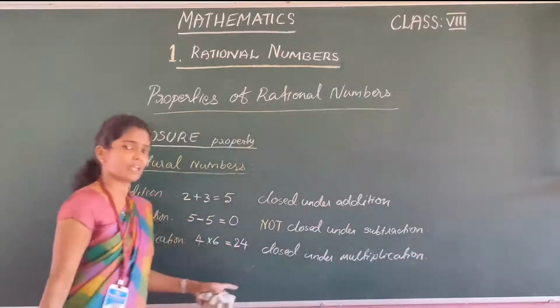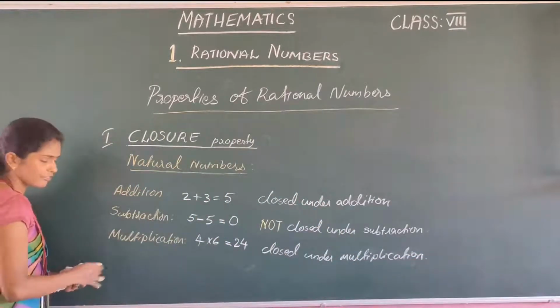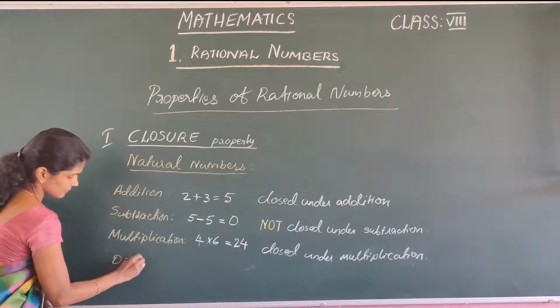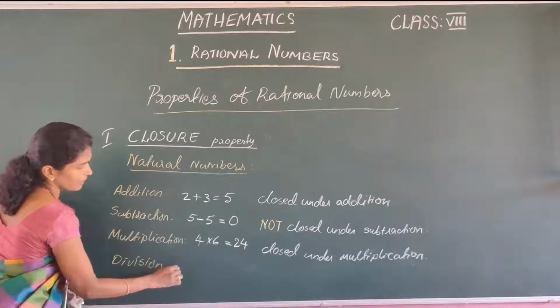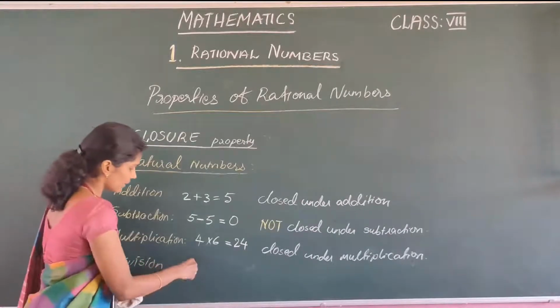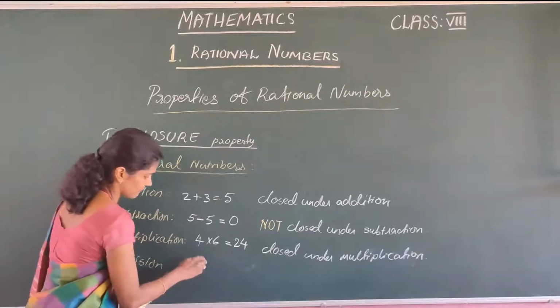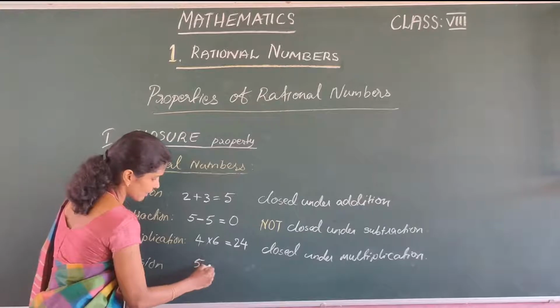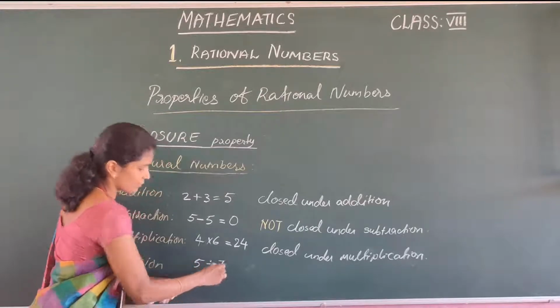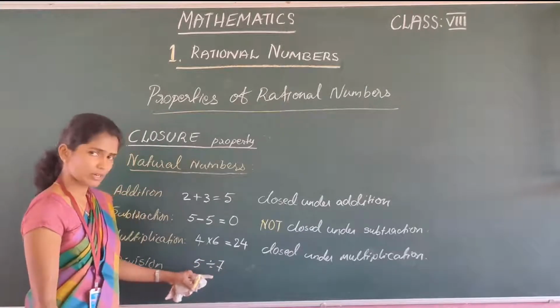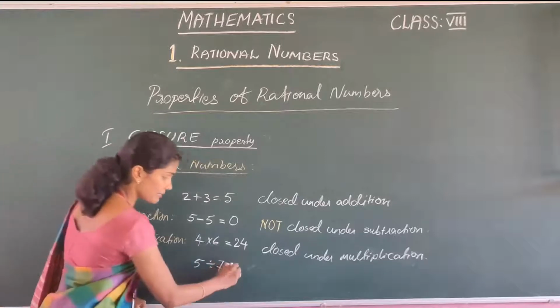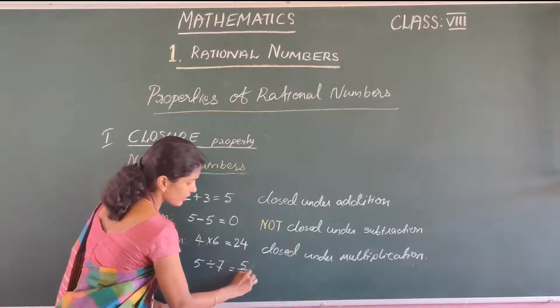Then our last basic operation, that is division. Taking numbers 5 and 7. These are two natural numbers. Then 5 divided by 7 is a fractional number.